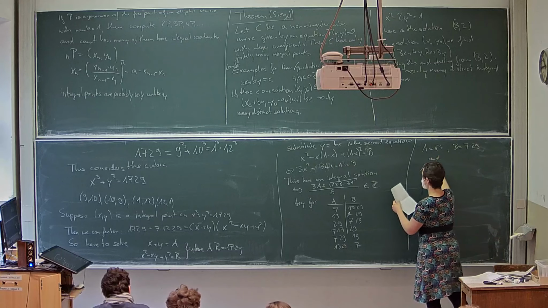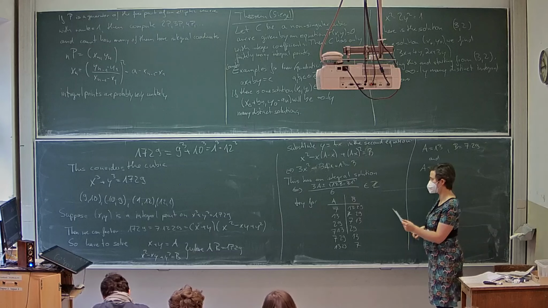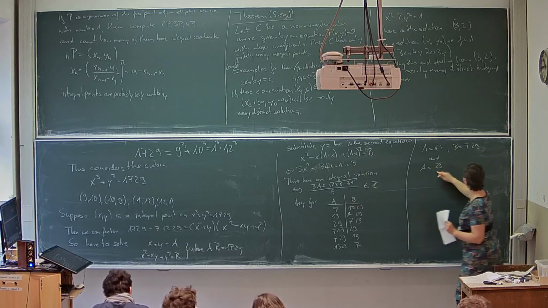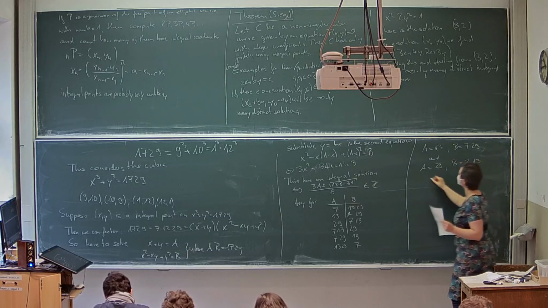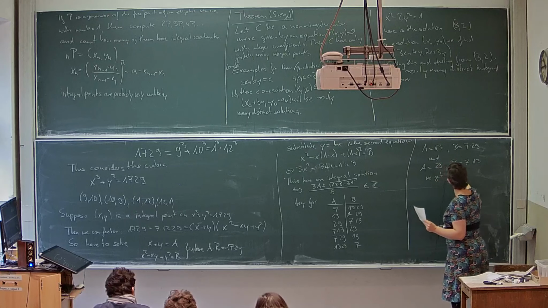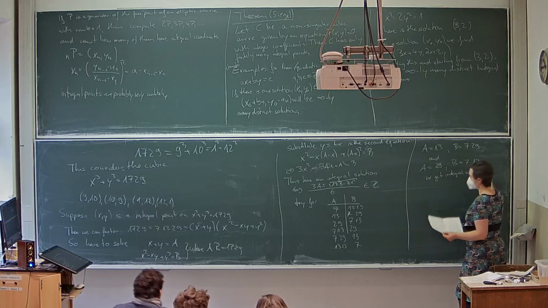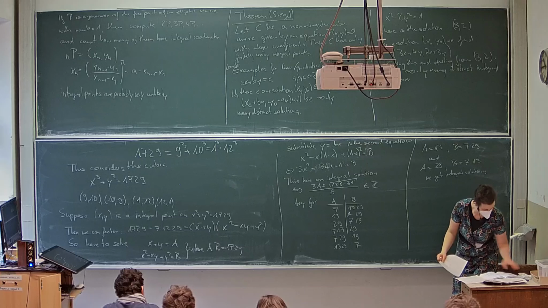and a equal to, oh, I wrote 19 here, but this is probably 29. A 29 and b 7 times 13. We get integral solutions. Let me just check if this 29 is correct.